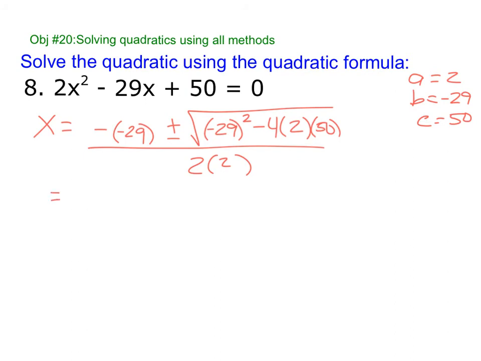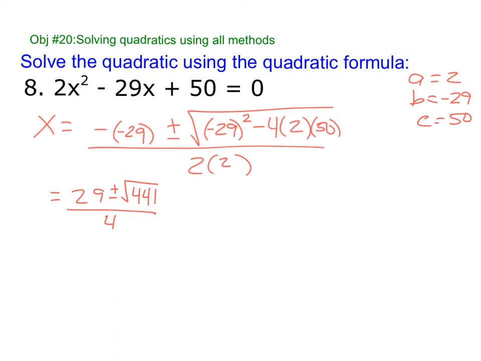All right, so we get negative negative 29 is just 29. 2 times 2 is 4. All right, so now we're going to put that exactly the way we see it in our calculator. Parentheses, negative 29. Be careful there. I got 441, right? Make sure you put that parentheses around the negative 29. Remember, the calculator doesn't square the negative if you don't do that.